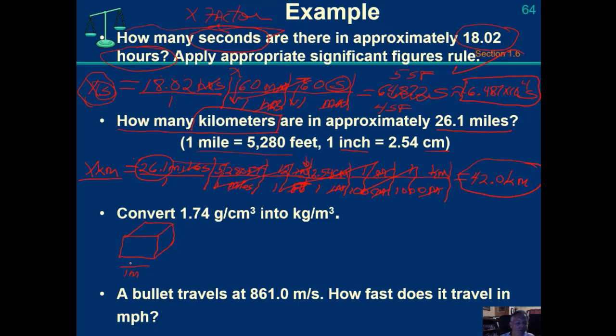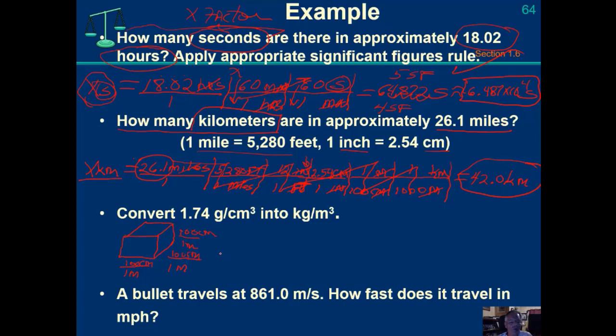And we know from our previous study that 1 meter is equal to 100 centimeters. Over here, we're also going to say that this is 1 meter in width, which is also equal to 100 centimeters. And this height is 1 meter in height, and this is 100 centimeters.